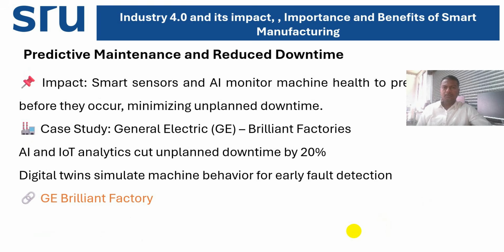Companies like GE adopted AI-enabled smart sensors in the health monitoring of machines, so they plan for what would otherwise be unplanned downtimes. With this, they achieved a 20 percent reduction in machine downtime. And by adopting digital twins and simulating machine behavior, fault detection of parts can be done very effectively.